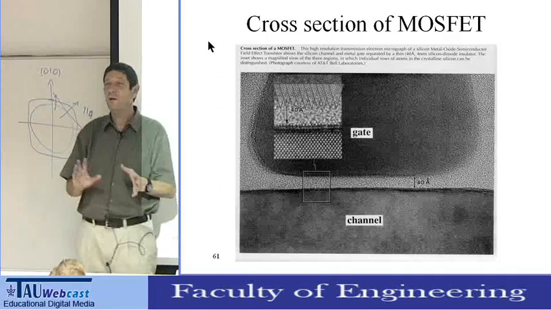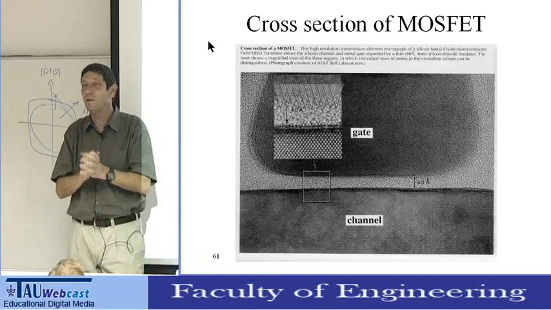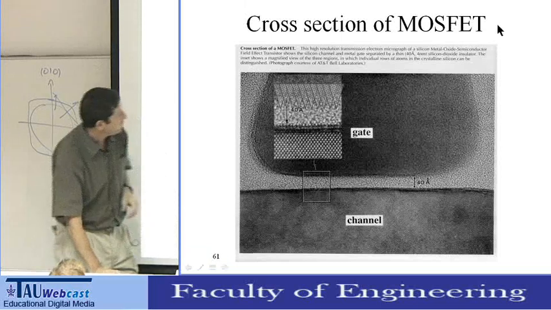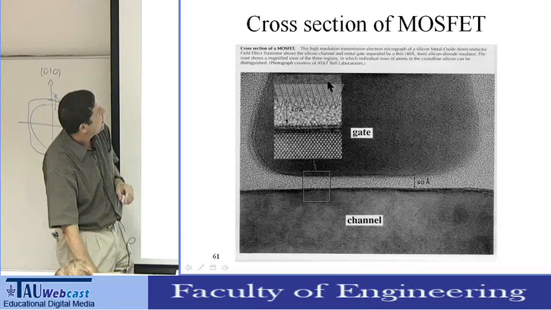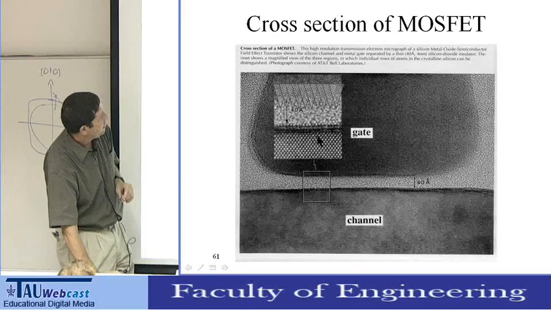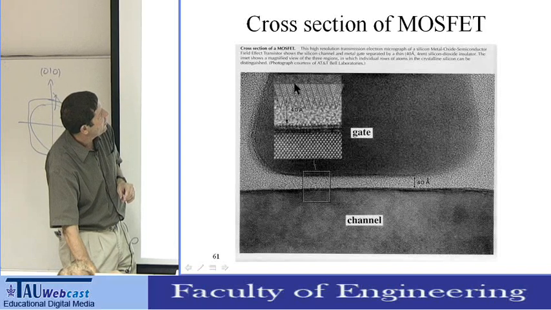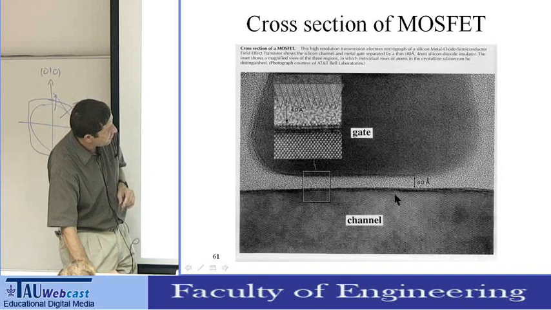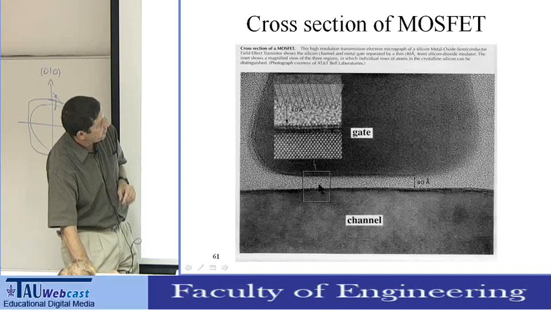Before we go home, I want to give you the biggest problem today. The biggest problem today is that if you have, this is a cross section in a MOSFET. This is the silicon. This is the gate oxide. This is the channel, and this is the polysilicon, and here we have an oxide.